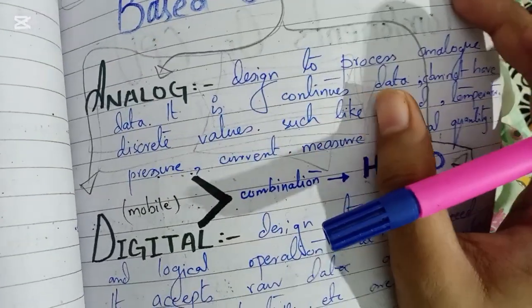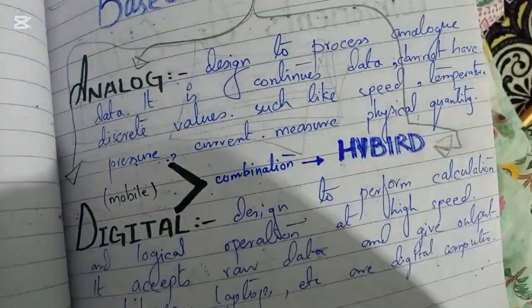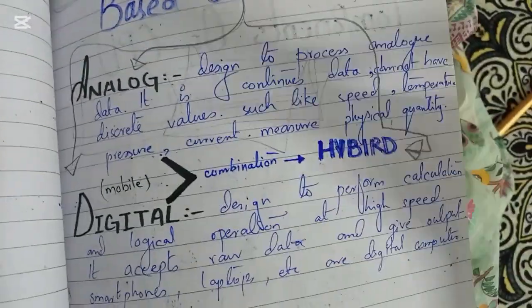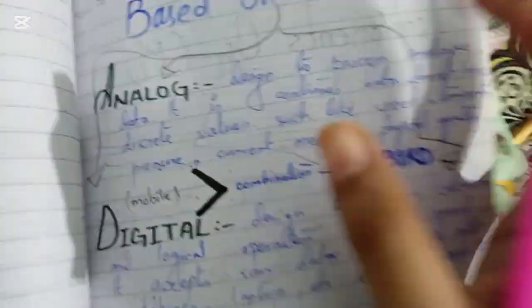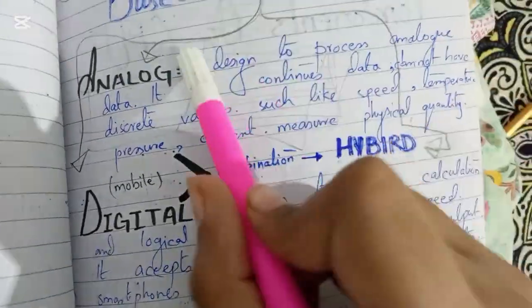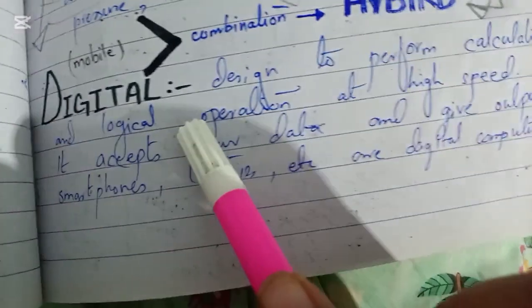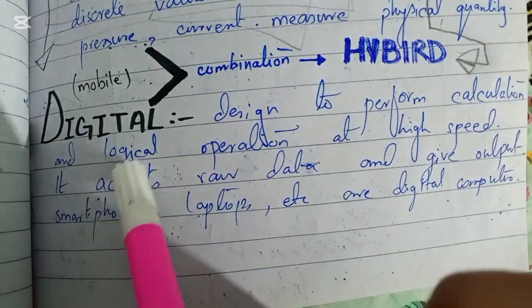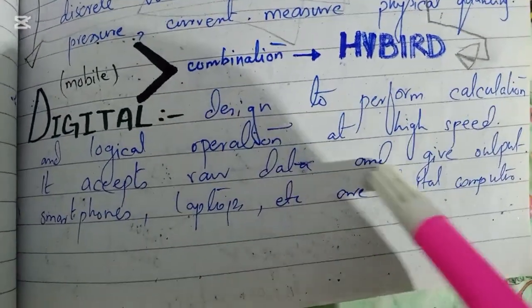It can calculate those values which do not have constant values. For example, your BP machine, blood pressure machine, is analog.